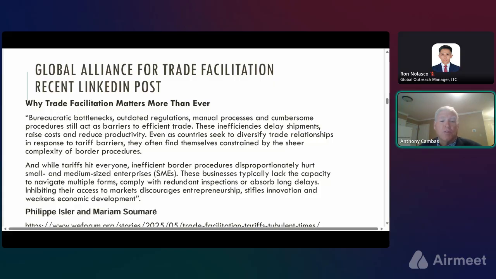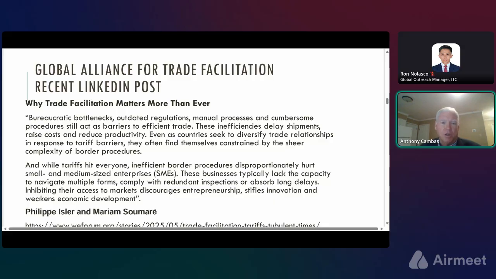And while tariffs hit everyone, inefficient border procedures disproportionately hurt small and medium sized enterprises. These businesses typically lack the capacity to navigate multiple forms, comply with redundant inspections, or absorb long delays. Inhibiting access to markets discourages entrepreneurship, stifles innovation, and weakens economic development. And that's from Philippe Eisler and Mariam Soumaré from the Global Alliance for Trade Facilitation.